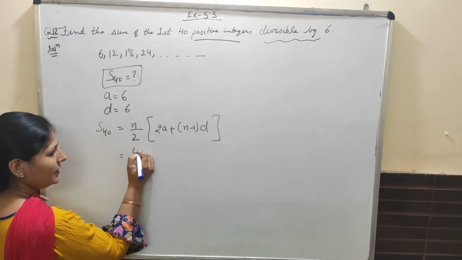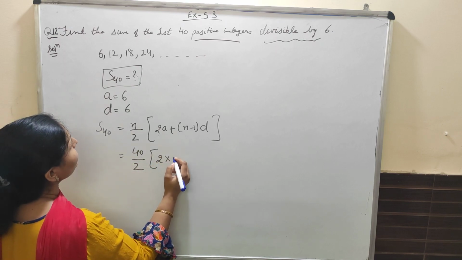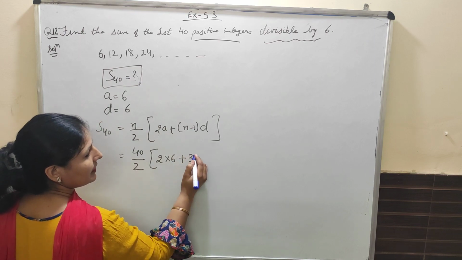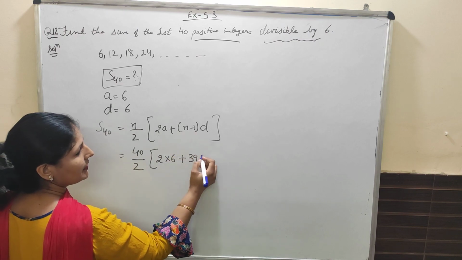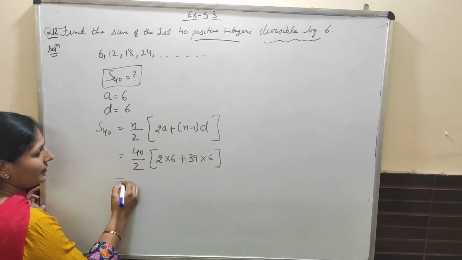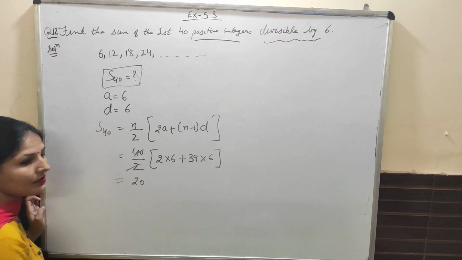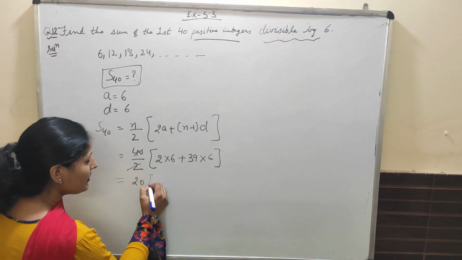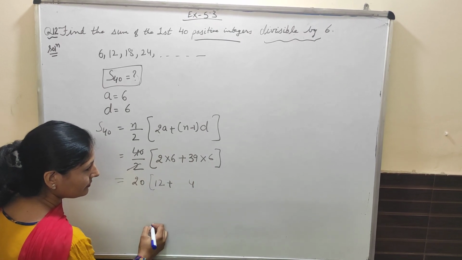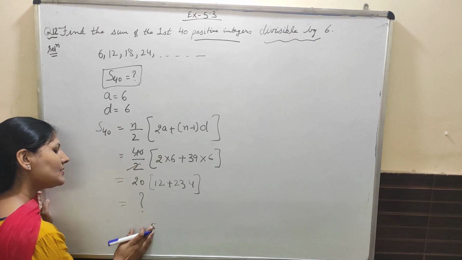N is 40, so 40 by 2, 2A is 2 times 6, 40 minus 1 is 39, D is 6. So, cancel out. 20 times 2 times 6 is 12. Multiply. 234. Now you can solve it easily. Okay.